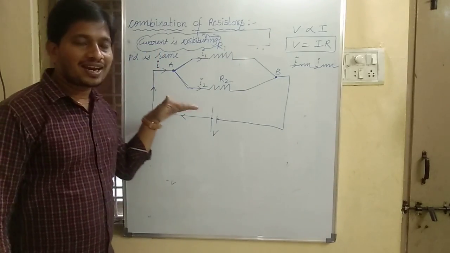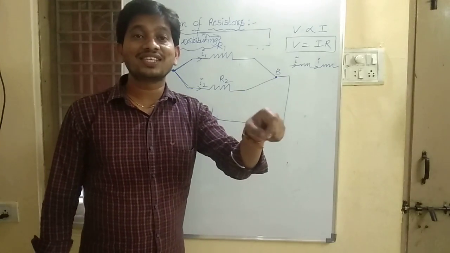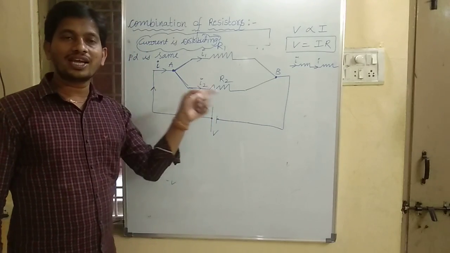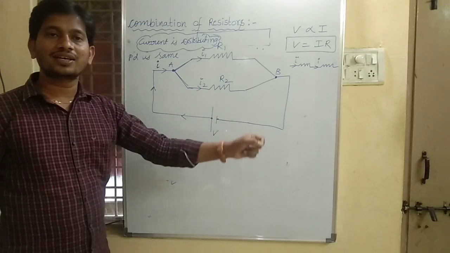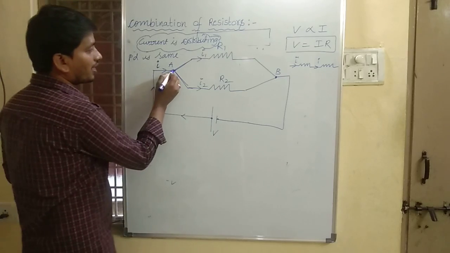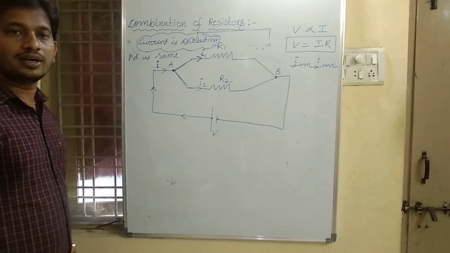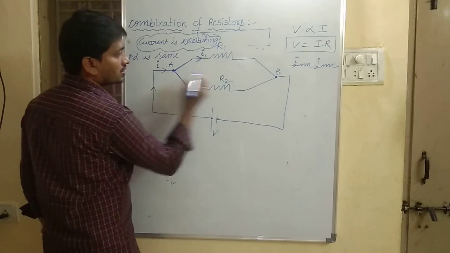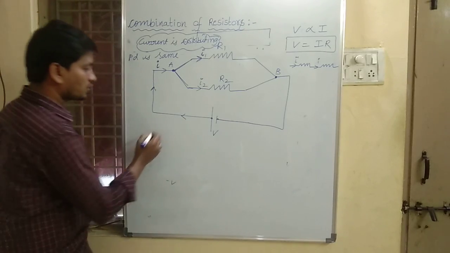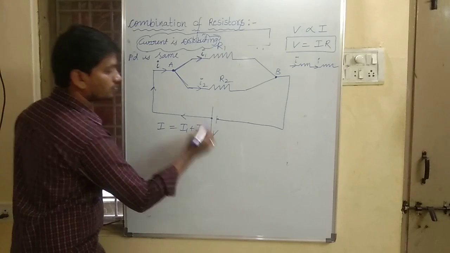But in parallel connection, two or more resistors are connected between the same points. Then we say that resistors are connected in parallel. Here at the point A, current is distributed as I1 and I2, but it maintains the same potential difference. So what is distributing? Current is distributing. So I can write I equal to I1 plus I2.